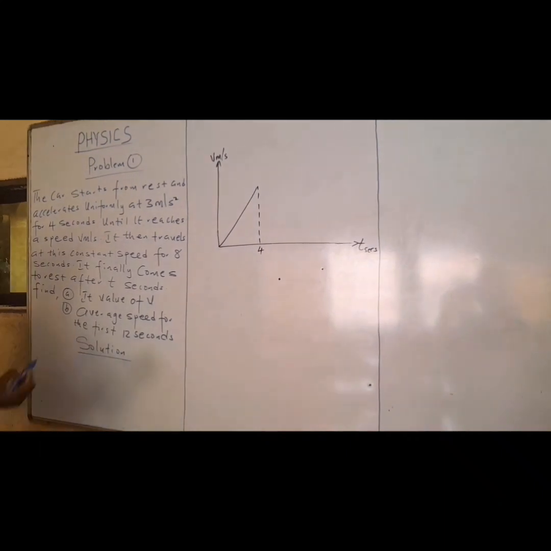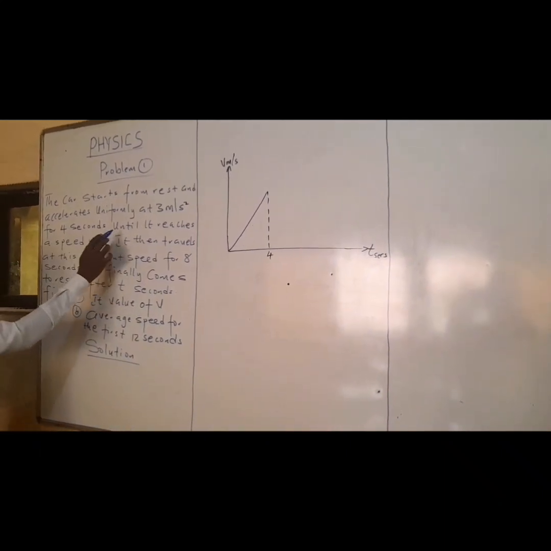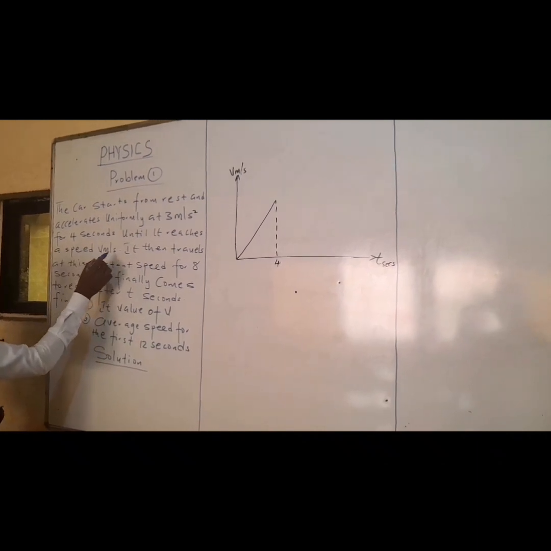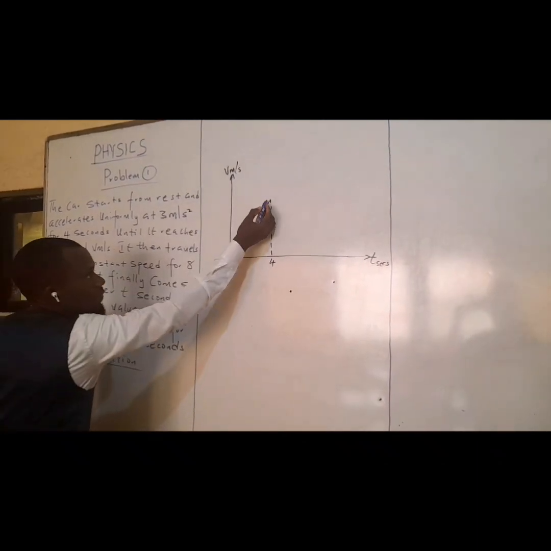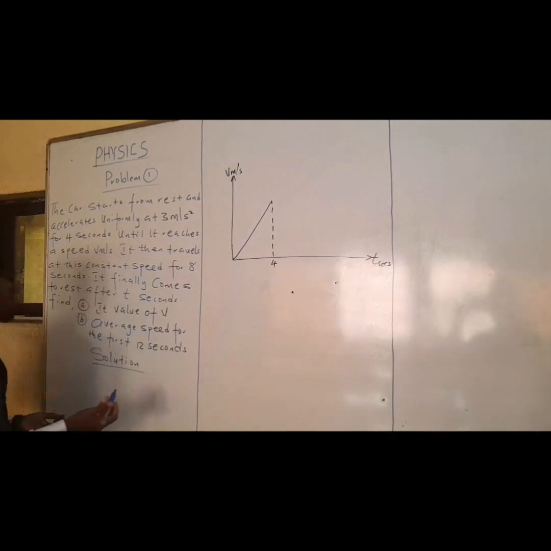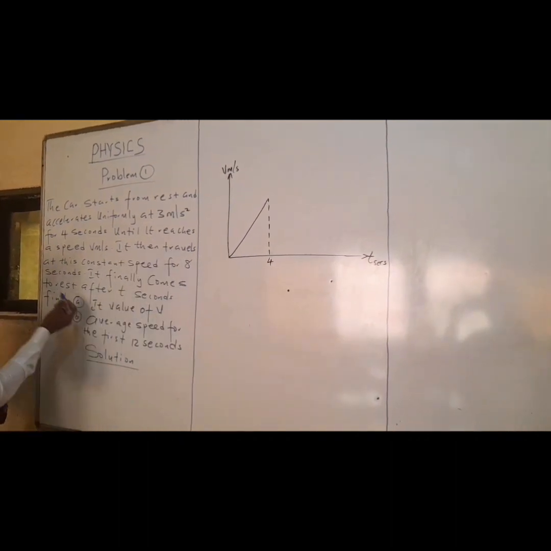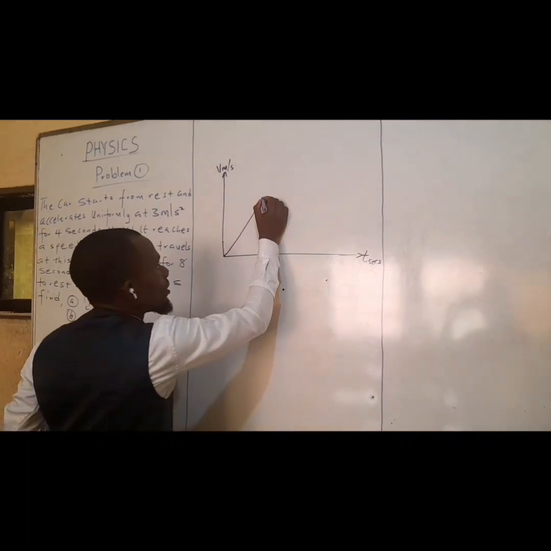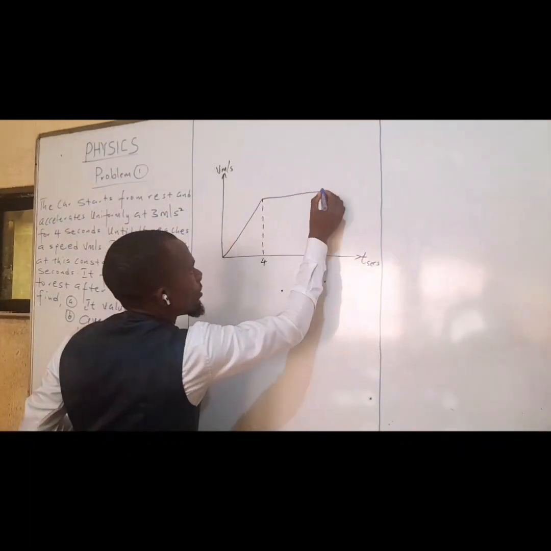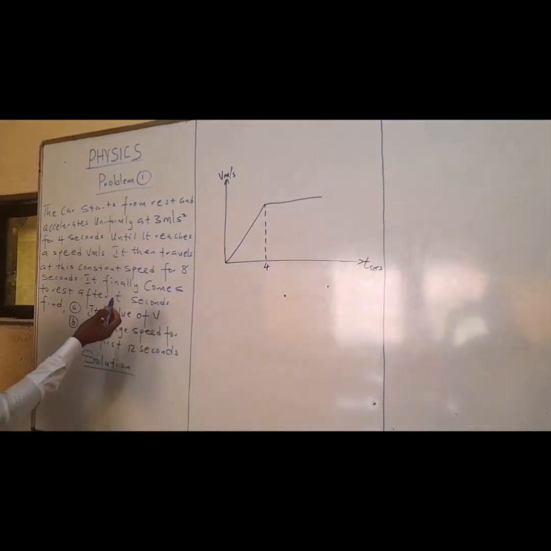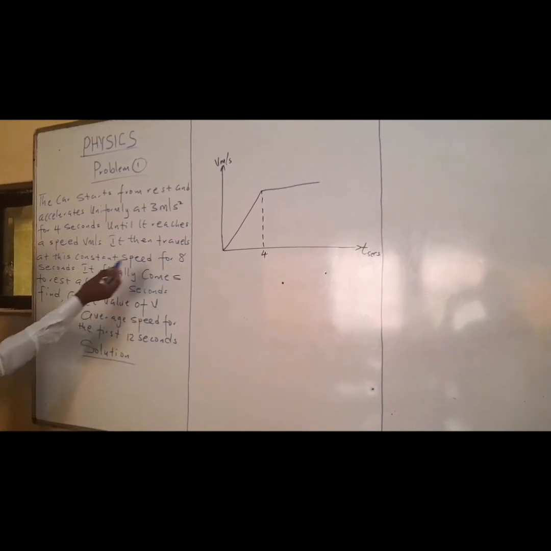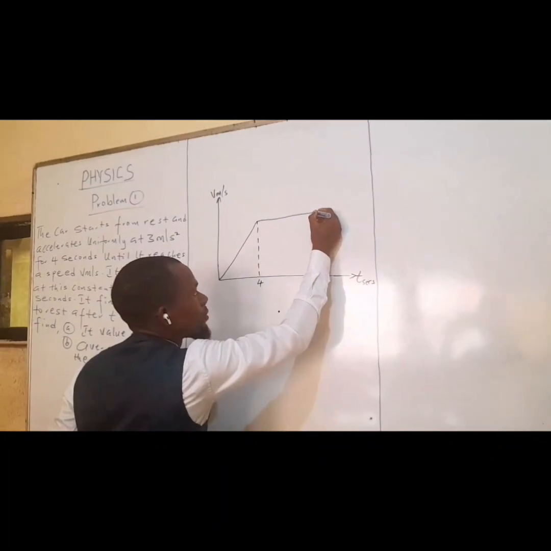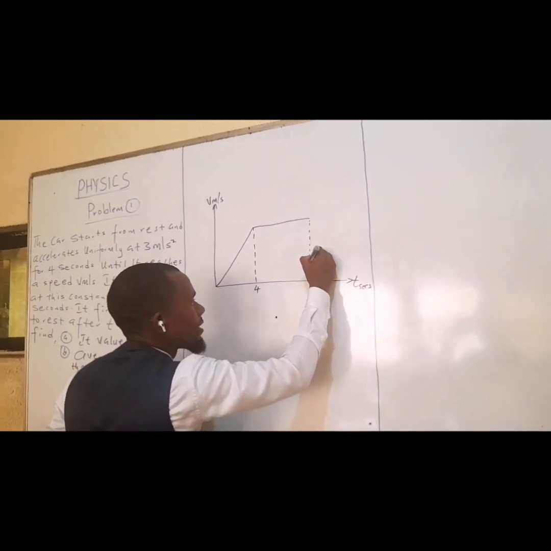Okay, let's proceed. For 4 seconds until it reaches a speed of v meter per second, which means this part is V meter per second. It then travels at constant speed for 8 seconds.